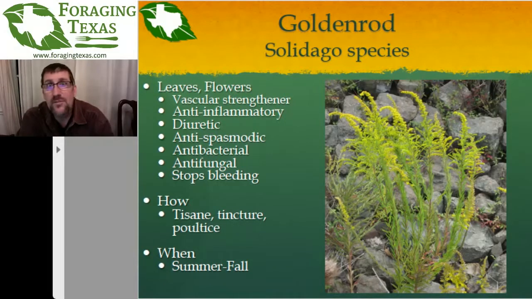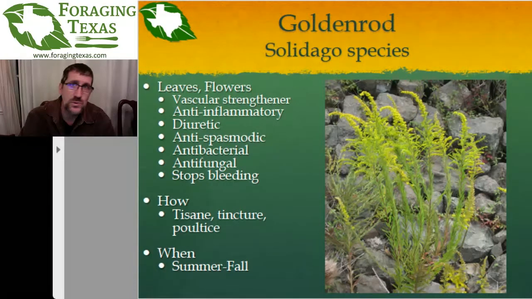Side note, I prefer using the leaves for the medicinal properties simply because the flowers are one of the last flowers of the year. So in the late fall is when they show up, and they are the last source of nectar for bees. So generally, I let the goldenrod flowers remain for the bees and harvest the leaves throughout the summer to dry and then use medicinally.